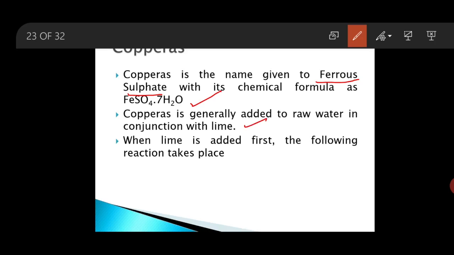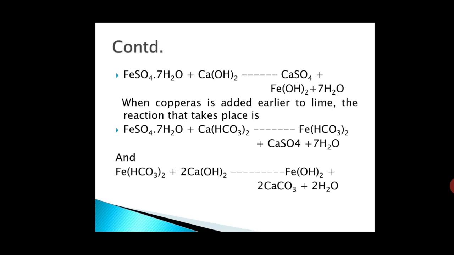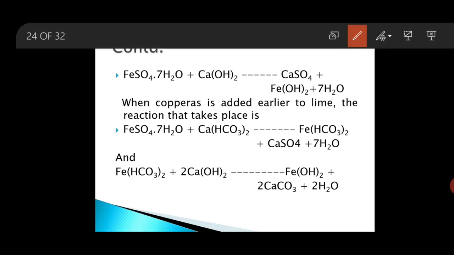So when lime is added with copperas, the following reaction will take place. When copperas reacts with lime, it will form CaSO4, calcium sulfate, and Fe(OH)2, that is ferrous hydroxide. This one is known as ferrous hydroxide.